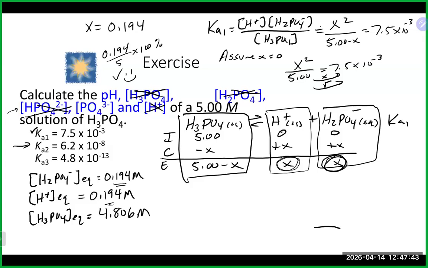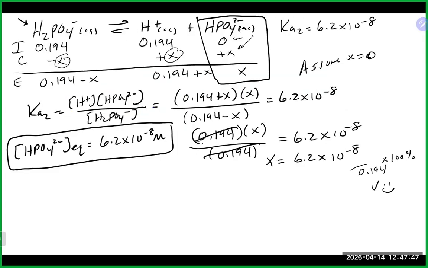But let's just stop for a moment here and take a look at these concentrations at this point. If I take my x value and put it back into here and here, do those concentrations change really? Put it in your calculator and see if they change. Super slight, right?